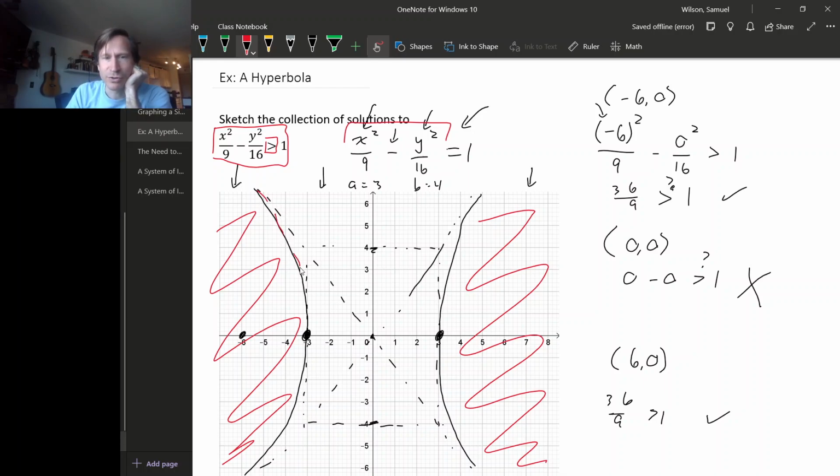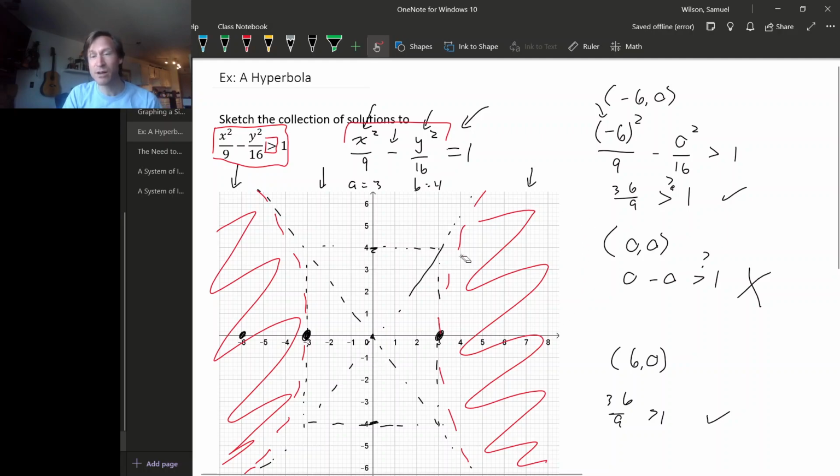So we have to draw this hyperbola with a dotted boundary like this. Okay, and then maybe let me erase the original hyperbola just to clean things up a little bit. So the red points here are solutions to this inequality, not including the boundary hyperbola.